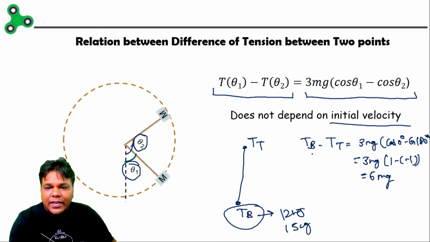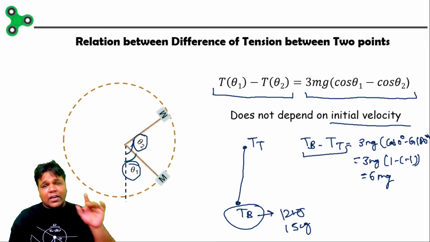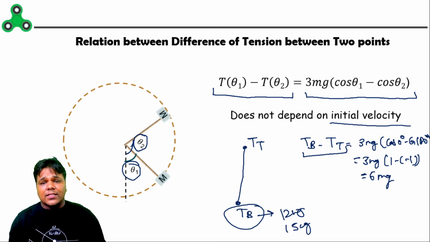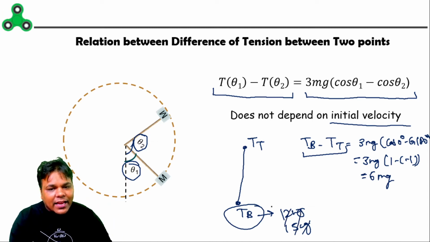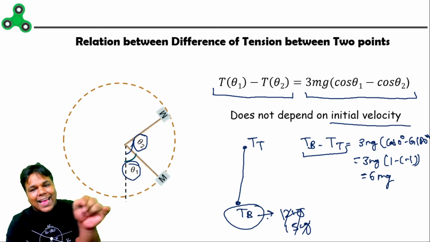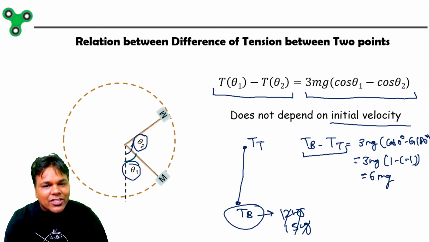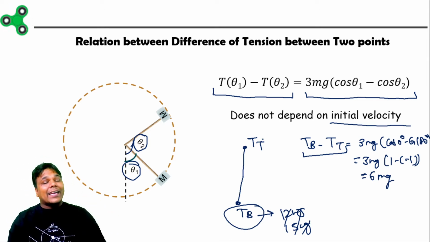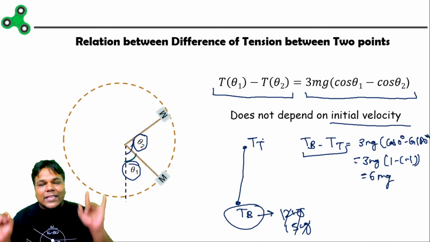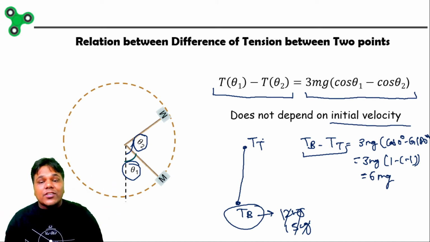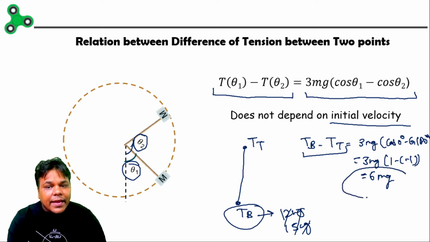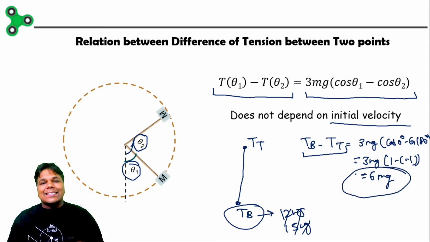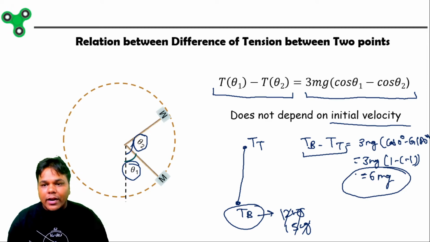That means the difference between those two points remains constant no matter what the initial velocity is. Also, if tension at the bottommost point is less than 6 mg, then the tension at the topmost point will be negative, which is not possible. So the minimum tension required at the bottommost point must be 6 mg. Got that point?